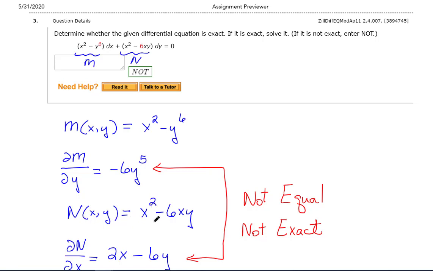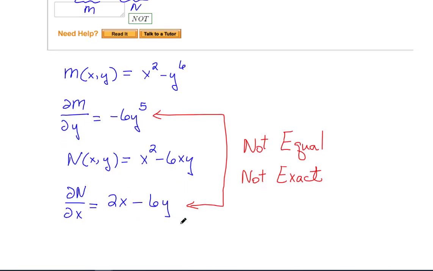N is x squared minus 6xy, so I need the derivative of n with respect to x, so 2x, and with respect to x, so a minus 6y. But pretty clearly these are not the same, therefore it is not exact.